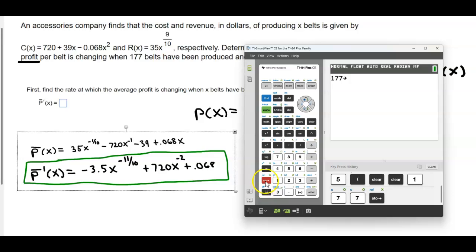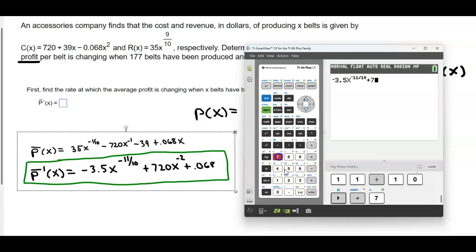It's right above the on, and then I can press the variable button X. And what that does is it stores the value 177 to X. And it just makes it a little bit more convenient now. So if I want to evaluate this function, I could just type the variable X, and the calculator is going to know that I'm referring to 177. That's just an option.